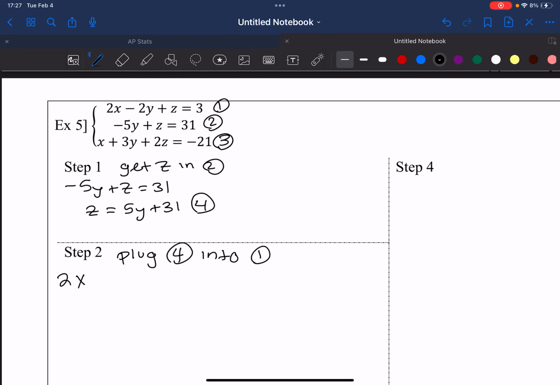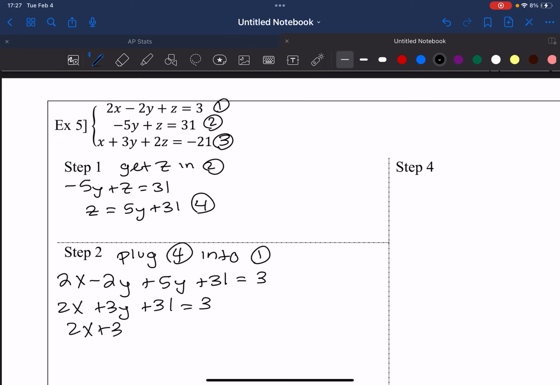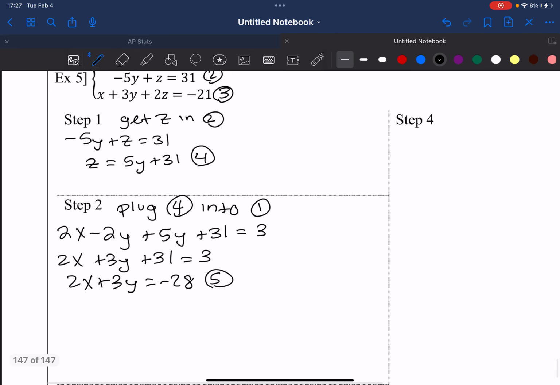So 2x minus 2y plus 5y plus 31 equals 3. So 2x plus 3y plus 31 equals 3. 2x plus 3y is equal to negative 28. That's equation 5. Then I'm going to plug 4 into 3.